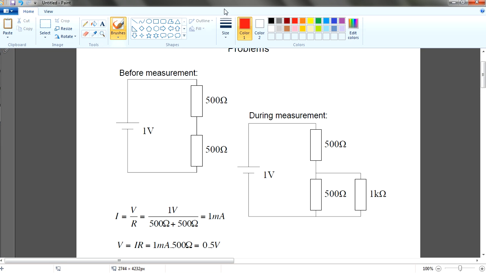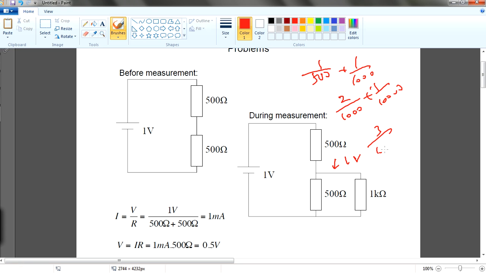So imagine we have 1 volt passing through here. If you remember, the voltage divider rule says that with the resistance, 500 ohm, 1 over 500 plus 1 over 1000, and then you have the overall resistance. Sorry, my fault. The calculation should be 1000 plus 1 over 1000, because for the denominator you have to make them the same first.